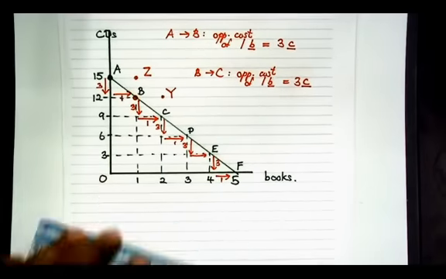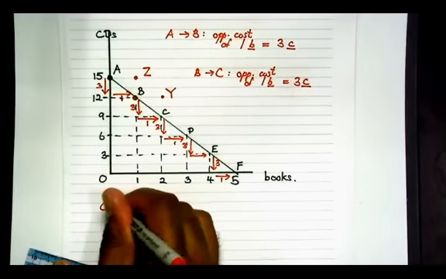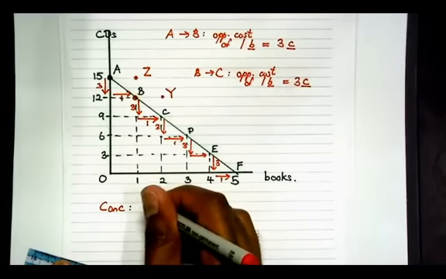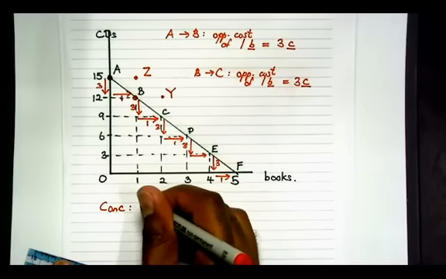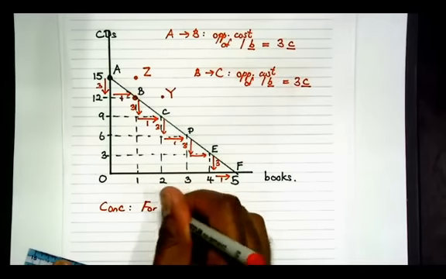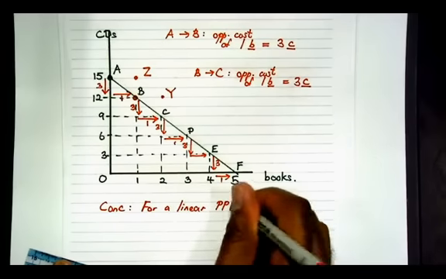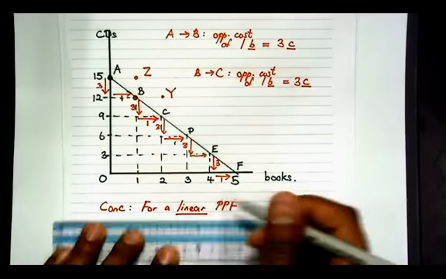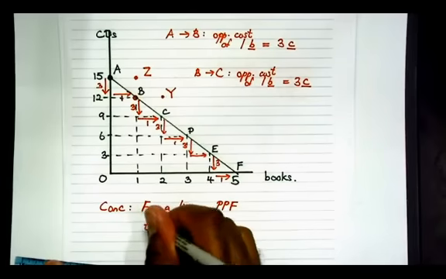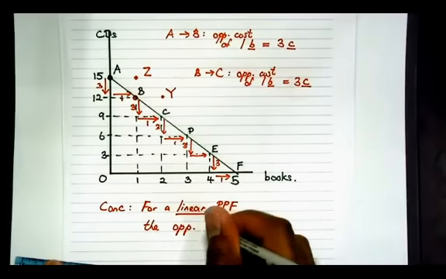So, conclusion you can write here: for a linear PPF, linear meaning a straight line, the opportunity cost is always constant.